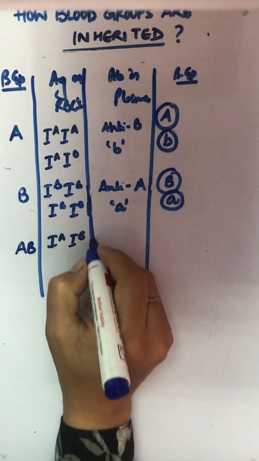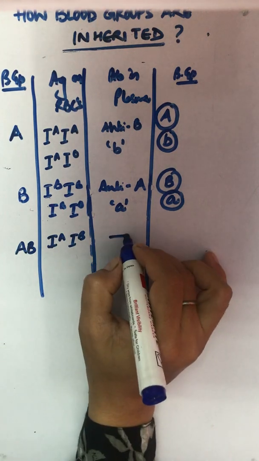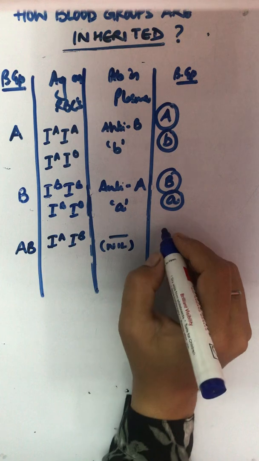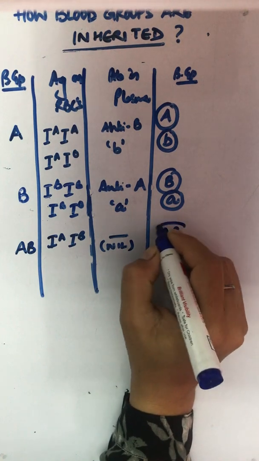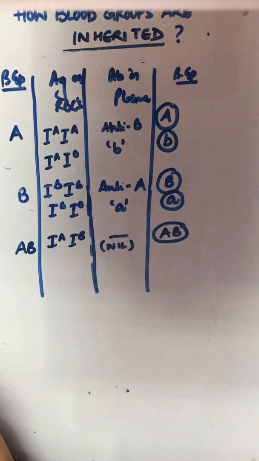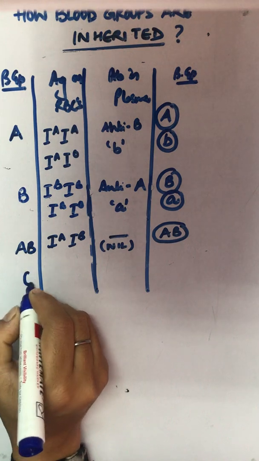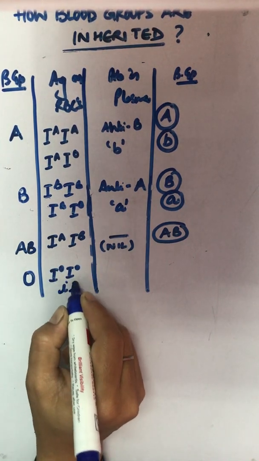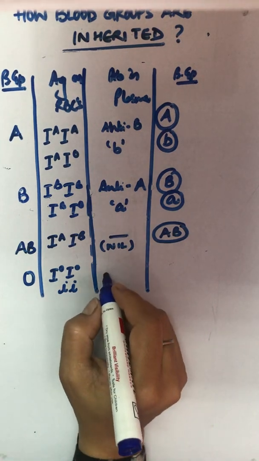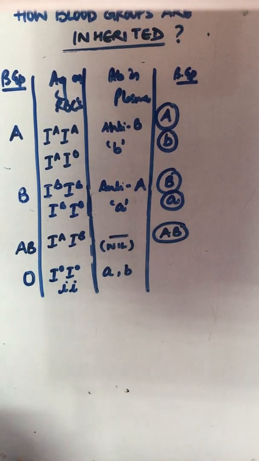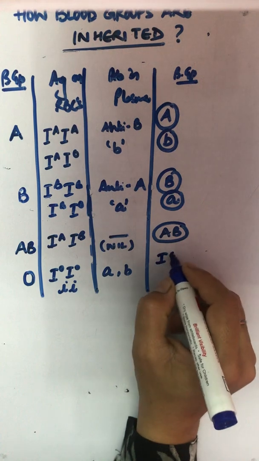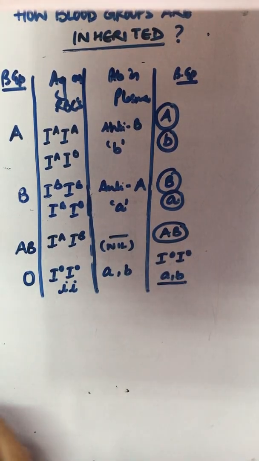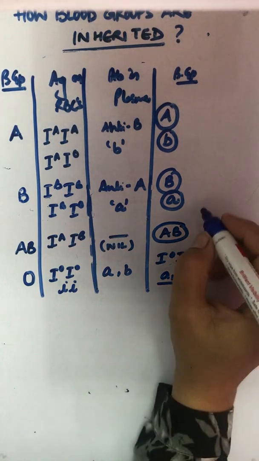It will remain like this only. No antibody, nil. So it has blood group AB. And in case of O, it is IOIO, and both the antibodies are there. So blood group is this and antibodies both.